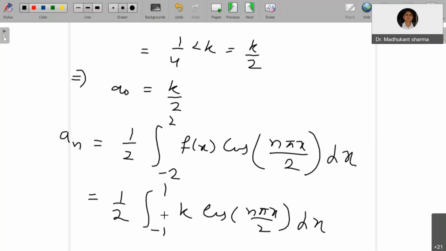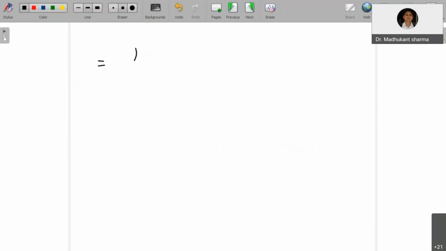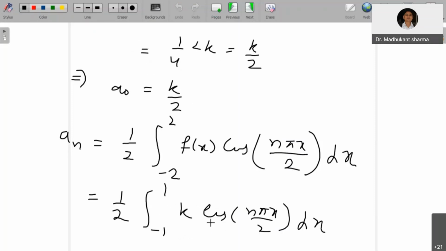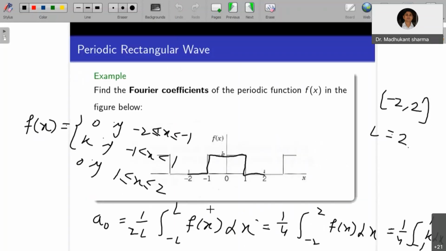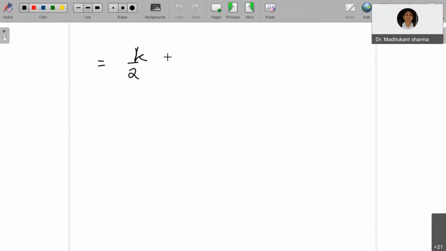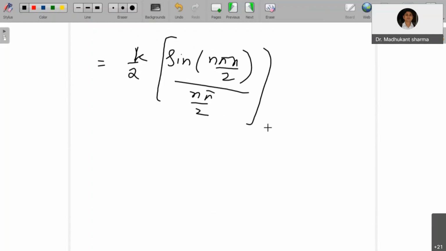You can integrate it: this is 1 by 2 times k, and the integral of cos is sine of n pi x by 2 divided by n pi by 2, from minus 1 to plus 1.